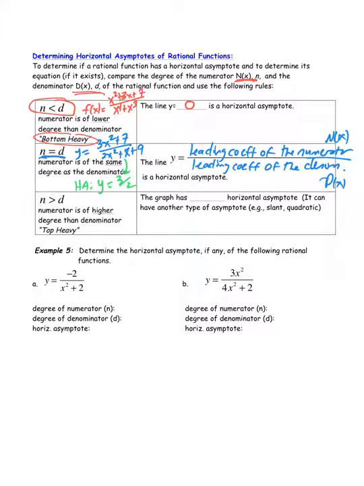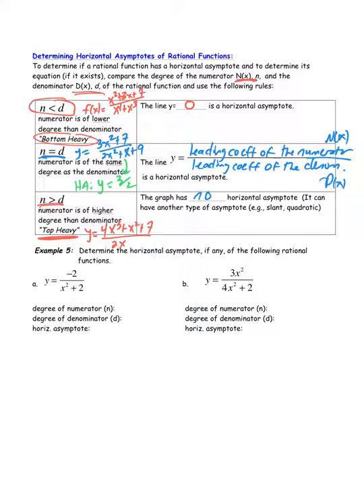If the degree of the numerator is greater than the degree of the denominator, we're going to say that our function is top heavy. So let's say we had y equals 4x cubed plus x squared plus 7 over 2x. In this case, the function is top heavy, and then we will not have a horizontal asymptote.